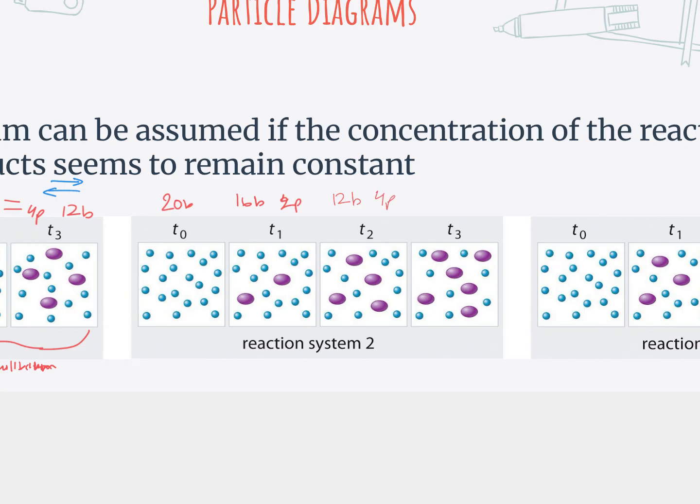And finally, if we go to T3, we have 8 blue, and we have 6 purple. And so what we see is that this is increasing, it's increasing. And there's never a point in time where you have the same amount of blue and purple between 2 time trials. And so for this entire reaction system, it is not at equilibrium, or it has not yet reached equilibrium.